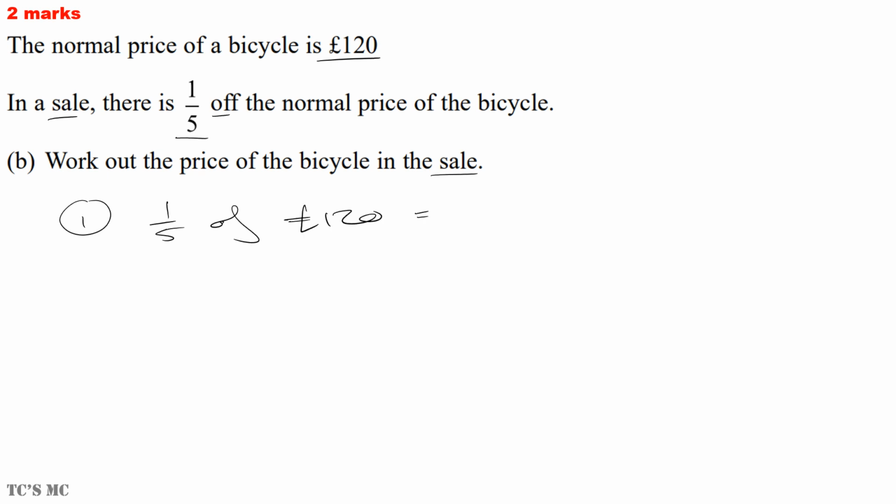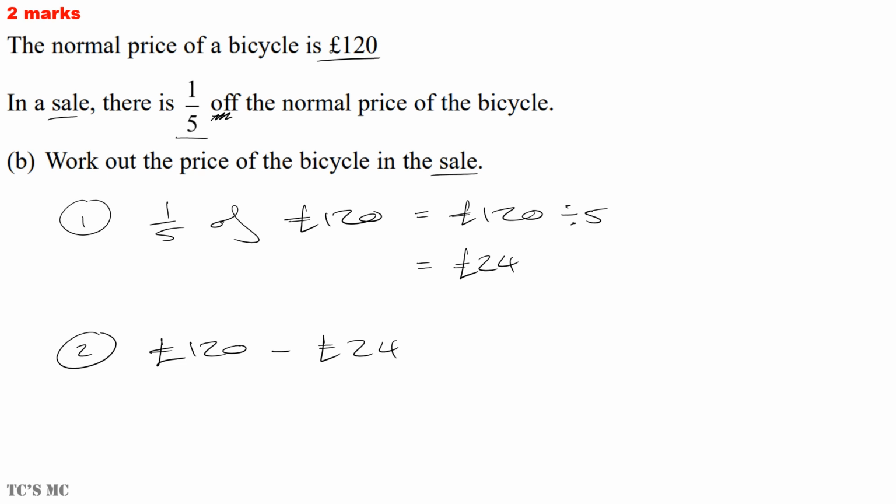So we're going to do £120 divided by 5, and that gets us £24. We now have 1 mark. Then, because it said the word off, we need to do £120 subtract £24, and we get £96 and our 2nd mark.